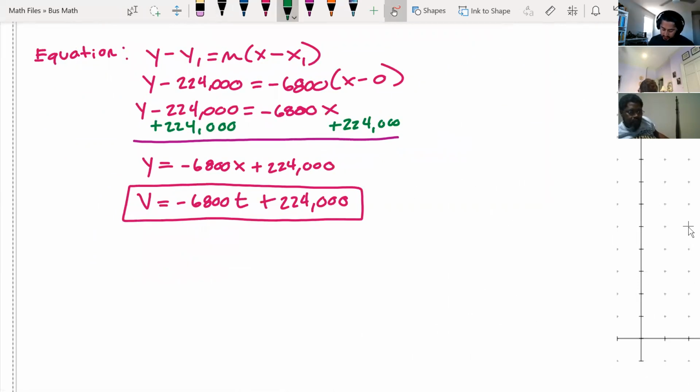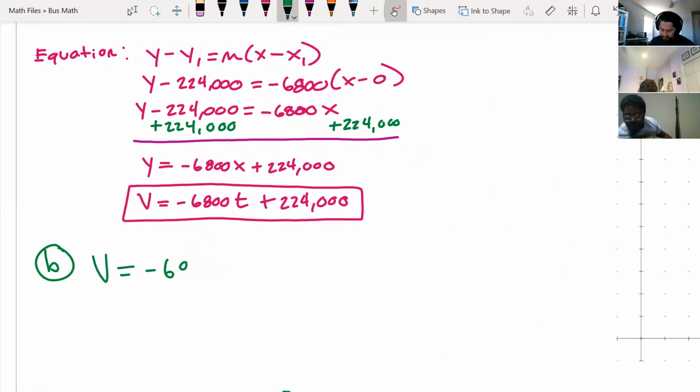All right, so we'll do this here. B, V equals negative 6,800 times 10 plus 224,000.